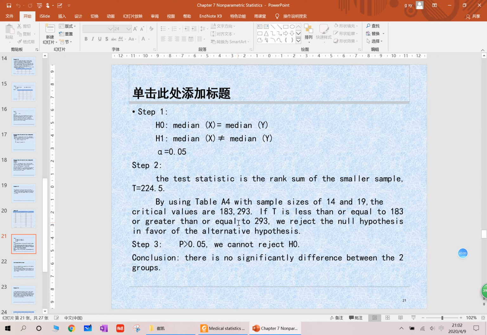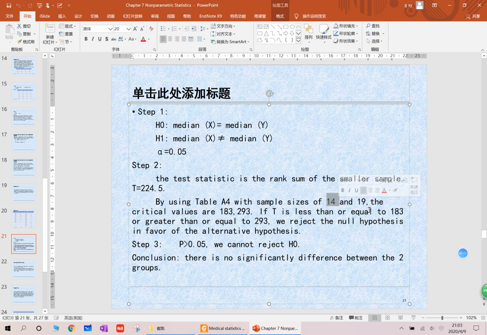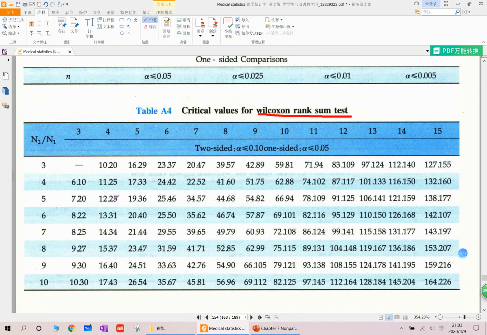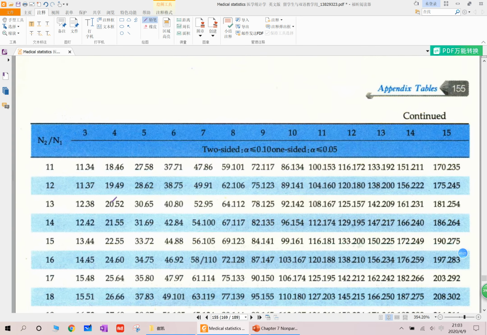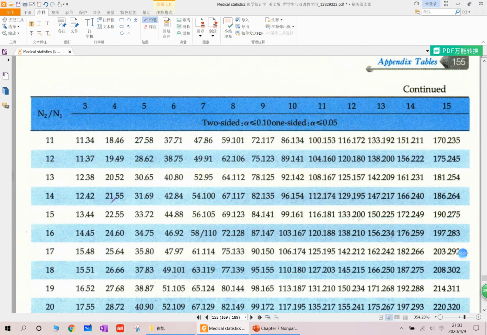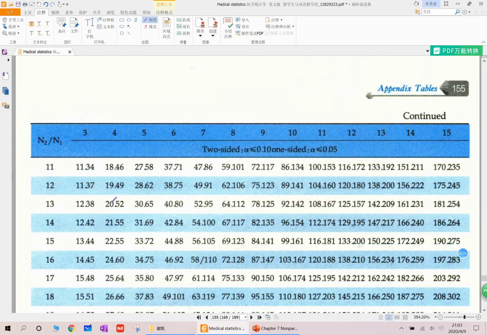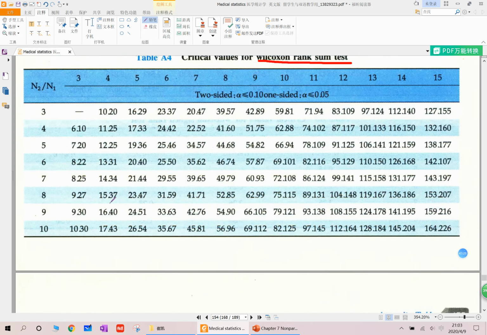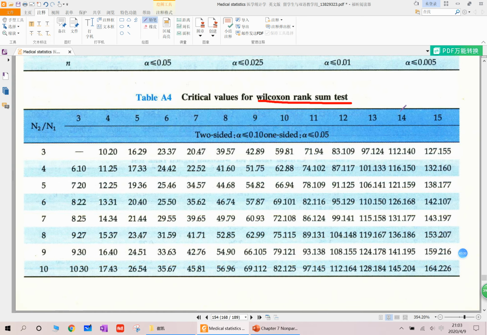Okay, so here in our question, the sample size of group 1 should be 14, and the sample size for group 2 is 19. So we need to use the smaller one. So sample size is 14. So let's find 14. Okay, so here we can find 14.